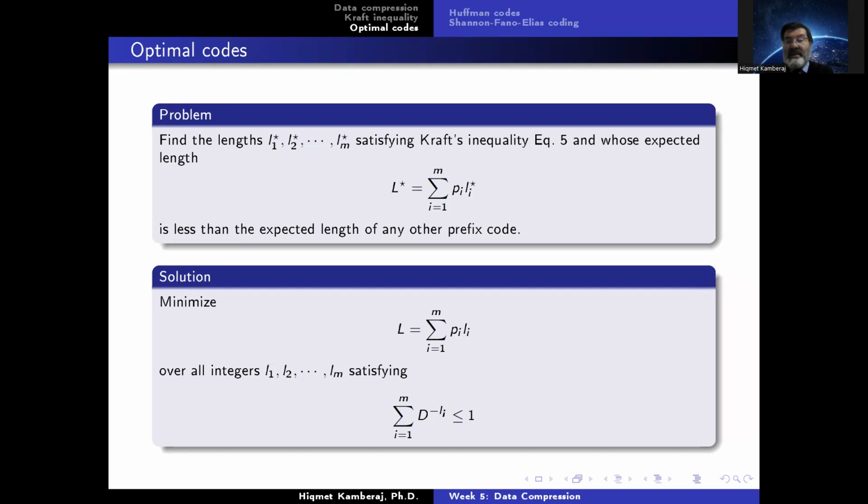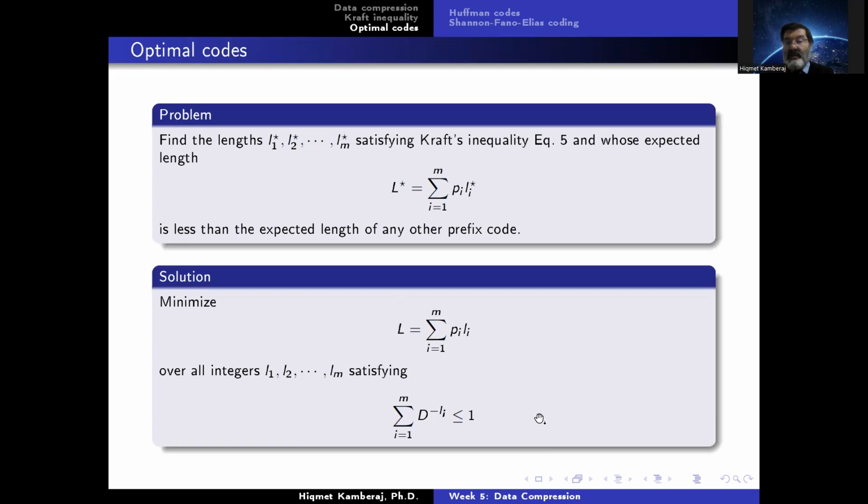Now, the solution is: if I write the average expected length of the code word as the sum over i from 1 to m of pi Li, then my problem is to minimize L over all integers L1, L2, Lm, which also satisfy Kraft's inequality condition: the sum over i from 1 to m of D to the power minus Li must be less than or equal to 1.